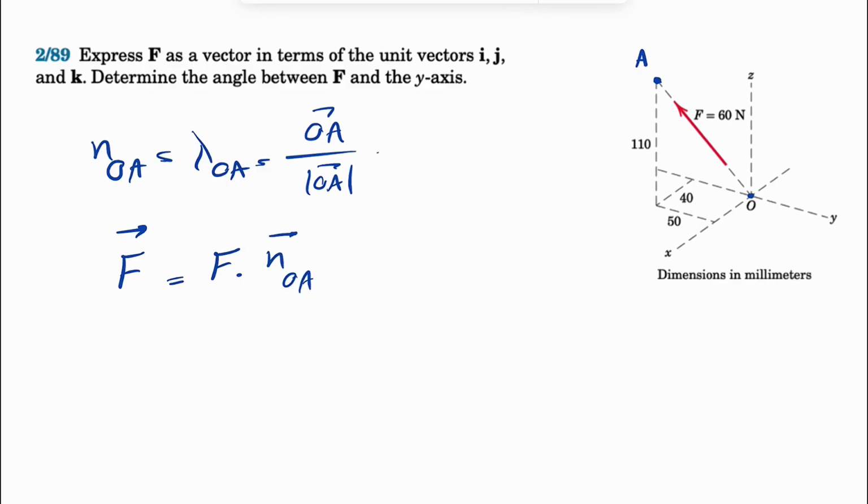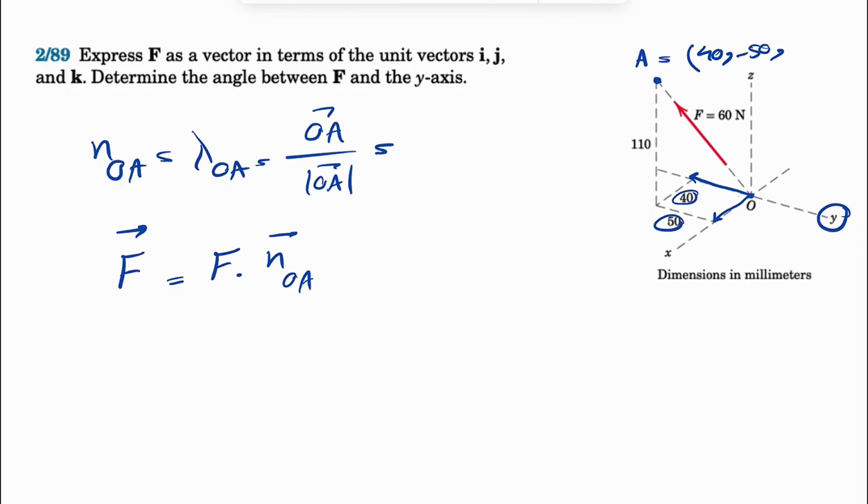For finding OA, I have to figure out how we are moving in the x, y, and z directions. So we can find the coordinates of A. Moving from O to A, this will be our x movement, which is 40. So we have an x coordinate of 40. The y, we can see that we are on the negative side of y because this is our positive, so it's going to be negative 50.